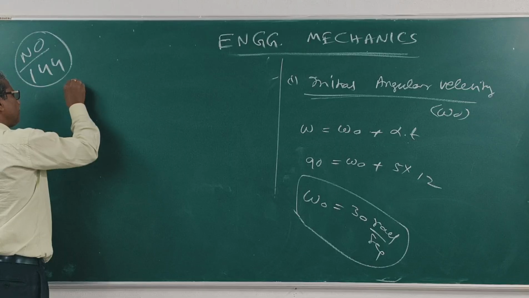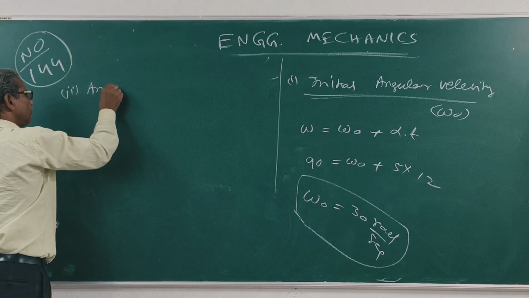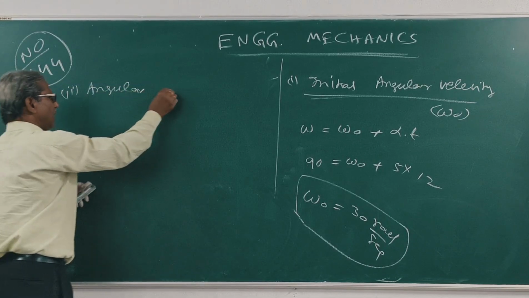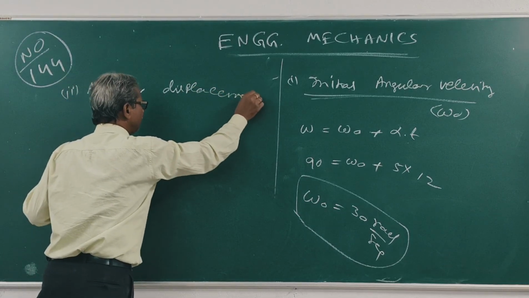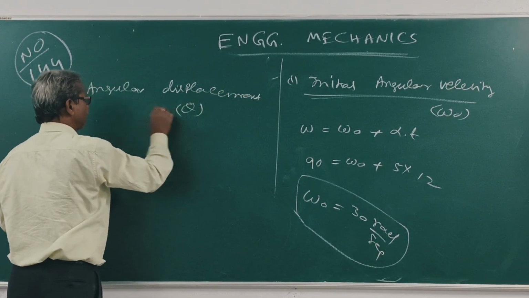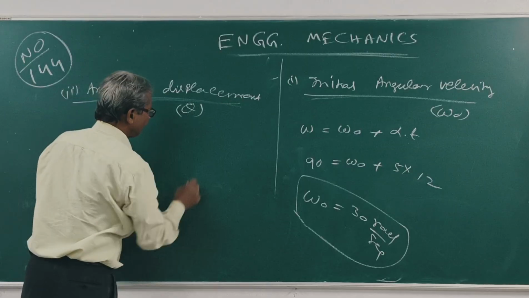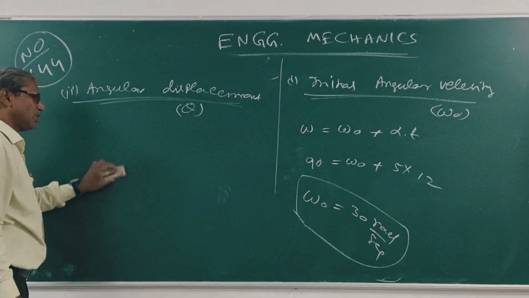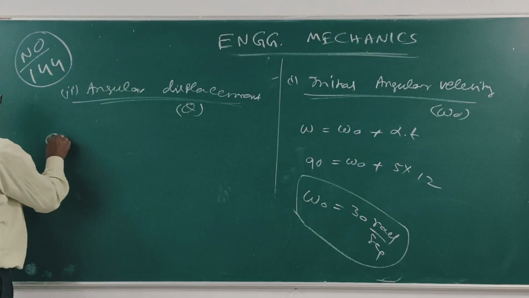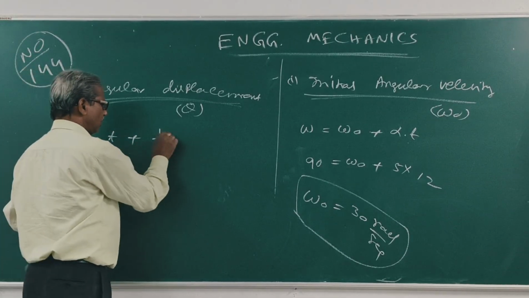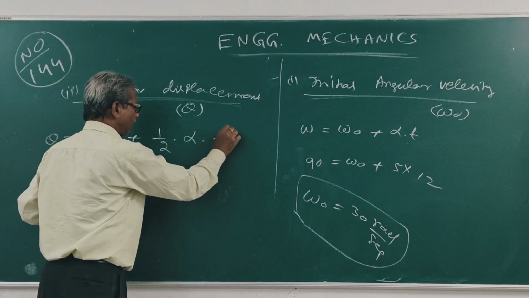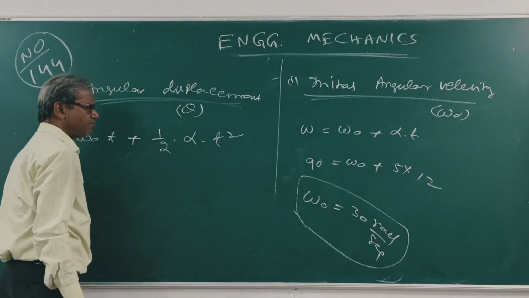Number 2, angular displacement theta. What is theta equal to? Omega 0 t plus half alpha t square.